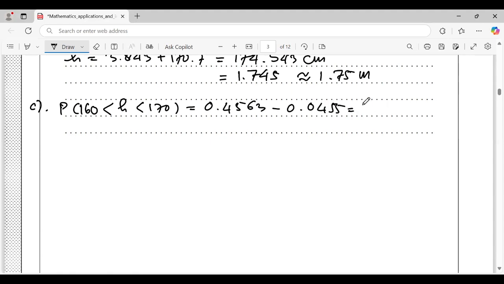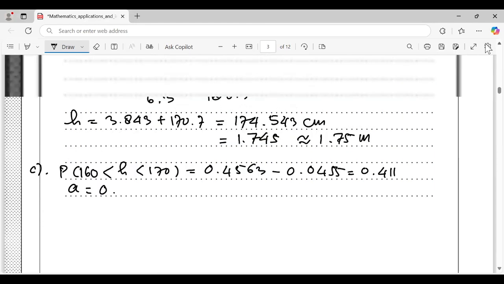It is 0.411. On the previous calculation, we already calculated this. So it means A equals 0.411. Let's say if I show you this one.